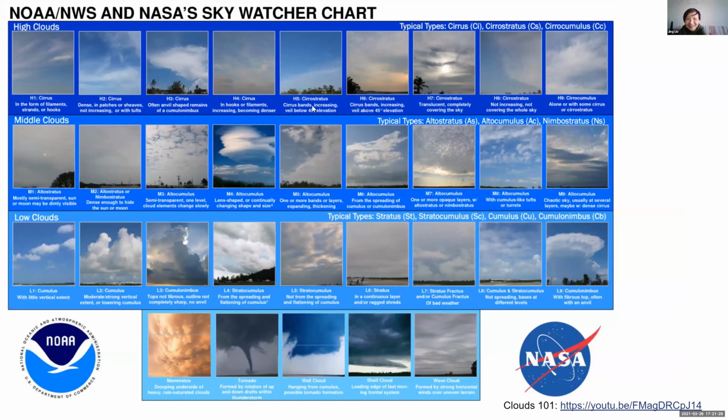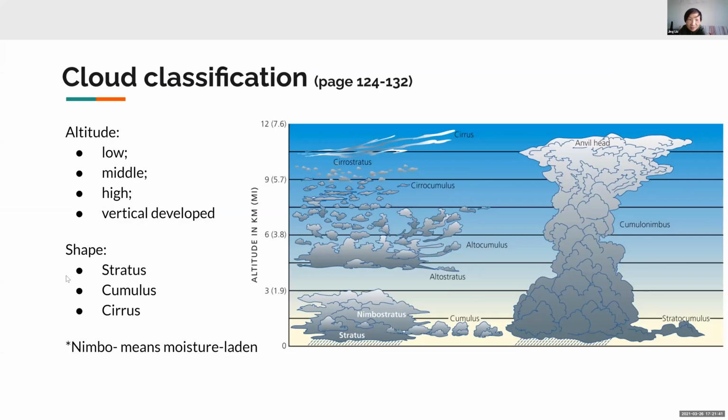And this is the cloud classification. You can see from week 1 we started playing with clouds, right? More commonly, we classify them using their shape. We have 3 basic shapes: stratus, layers; cumulus, cotton balls; and cirrus, the hair-like. Cirrus-like clouds we see a lot in California.